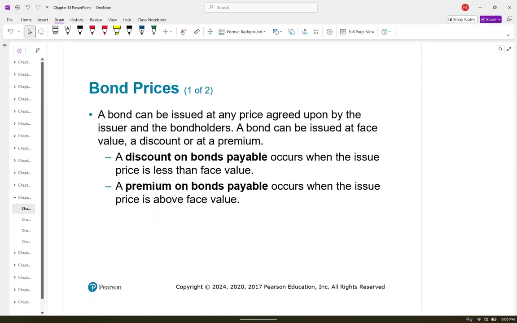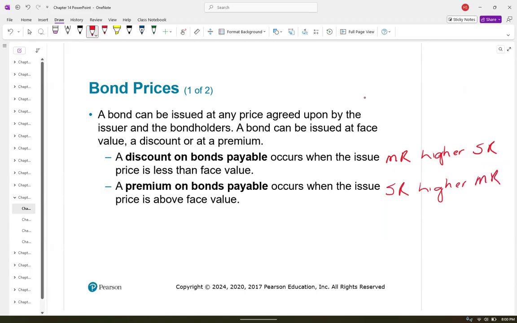On a discount, the market rate is higher than the stated rate. When we have a premium, the stated rate is higher than the market rate.